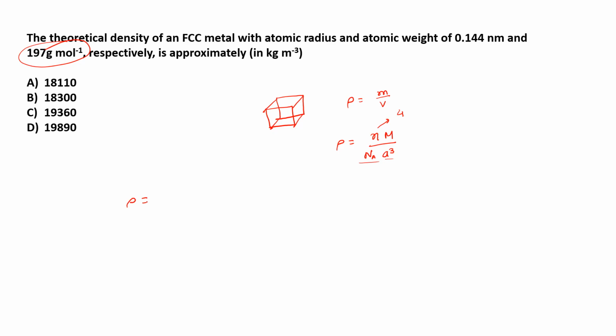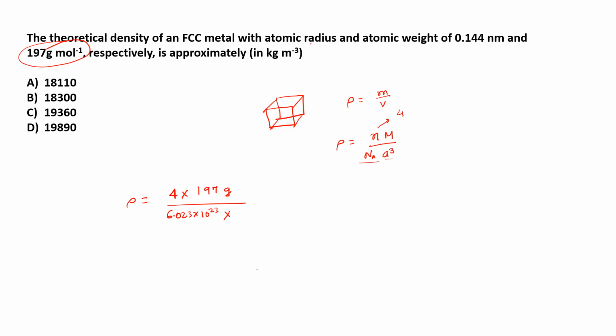So just put the values. Rho is equal to N, that is 4, times mass 197 gram per mole, and 1 mole contains 6.023 into 10 power 23 atoms. Then a cube, that is the volume.